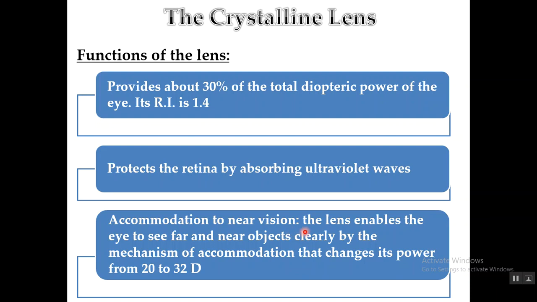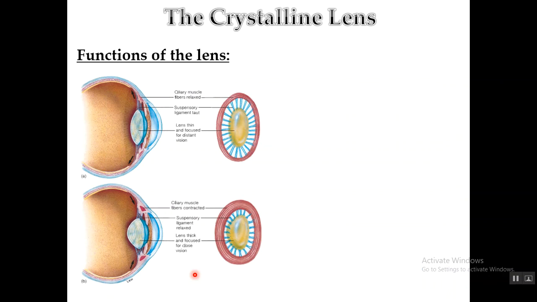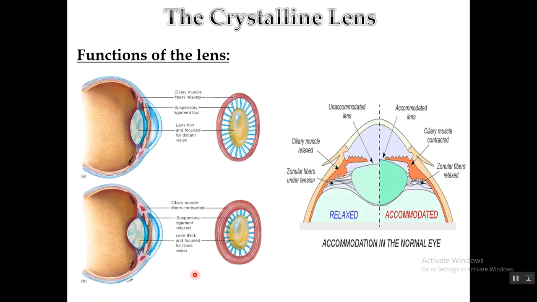What is meant by accommodation to near vision? It means the lens can increase its power during near vision, from 20 diopters to 32 diopters, to allow the image to fall on the retina. Again, look at this. Here the ciliary muscle is relaxed and the suspensory ligament is stretched, so the lens is less convex.